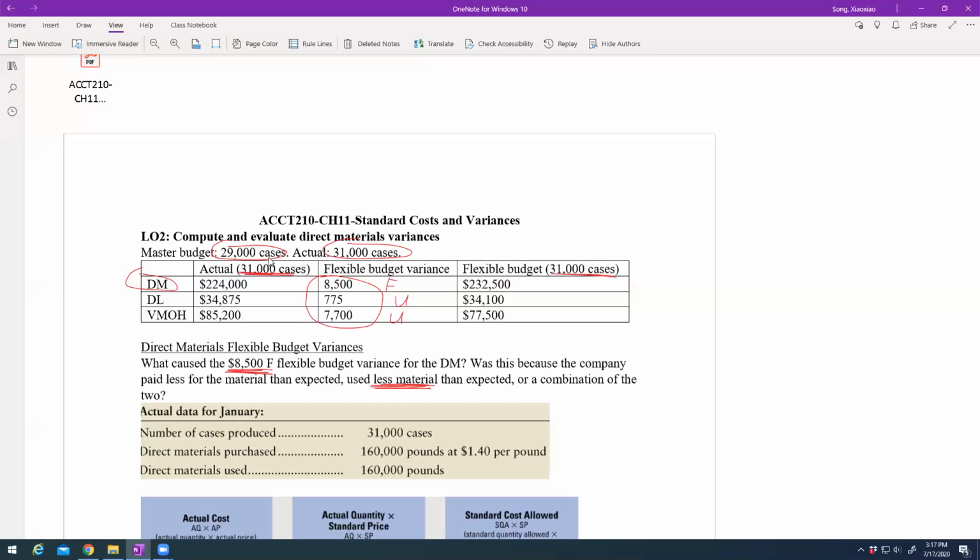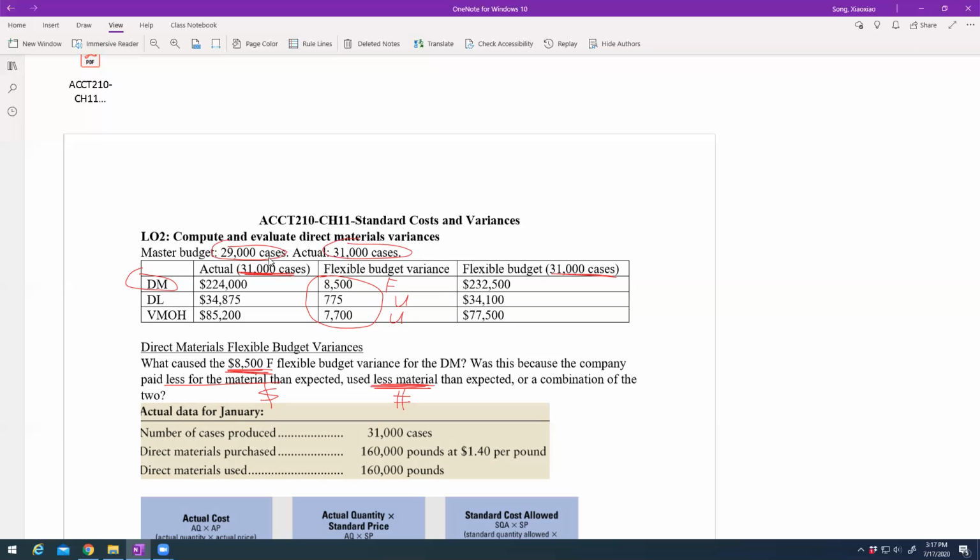So it's either because the dollar amount is cheaper than we thought, or because we used fewer pounds of flour, or a combination of these two.